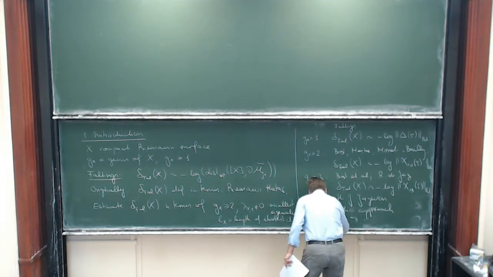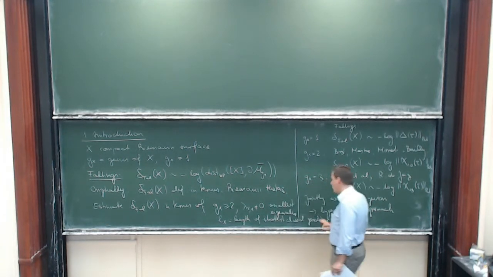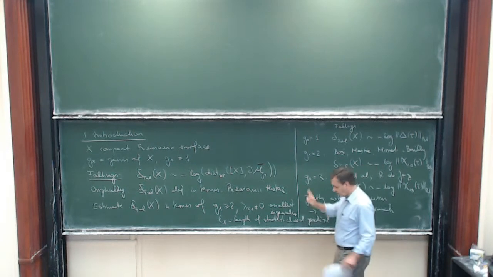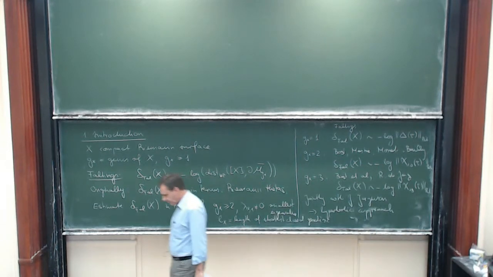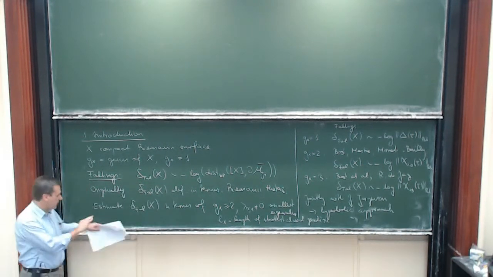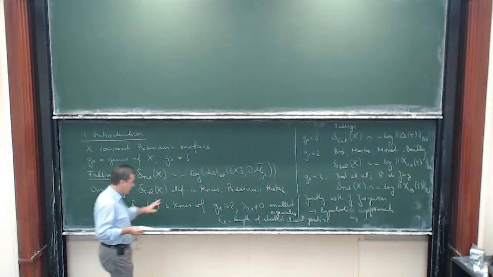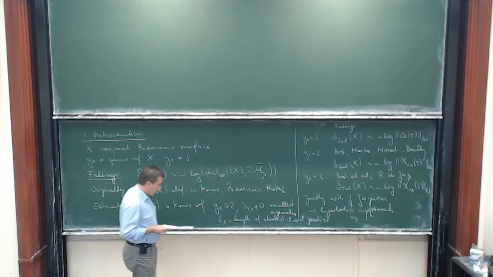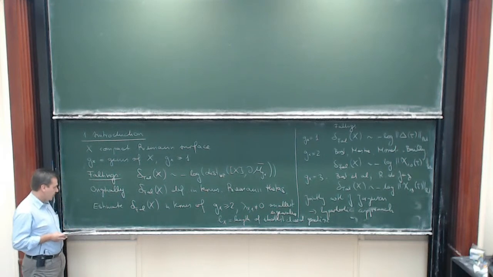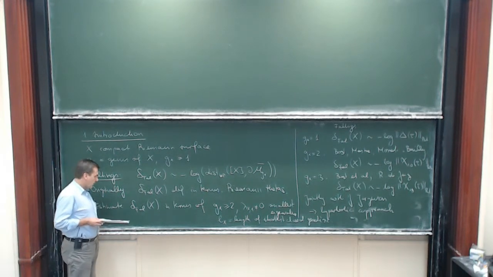So the aim was really, from this complicated formula, which we will see, to get down to these basic invariants on the underlying Riemann surface. And that's what in the past year we have done effectively, I think.